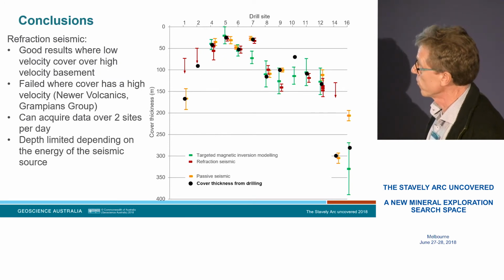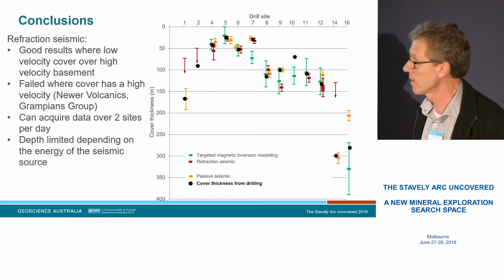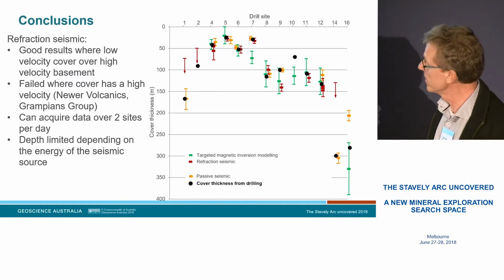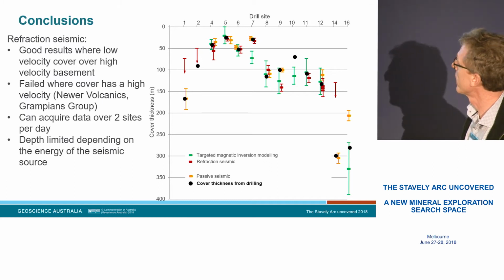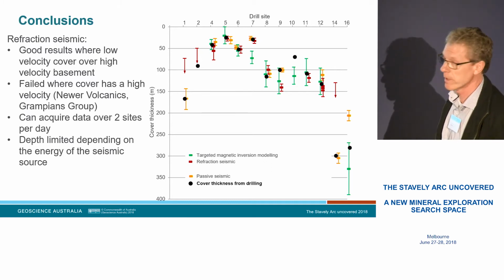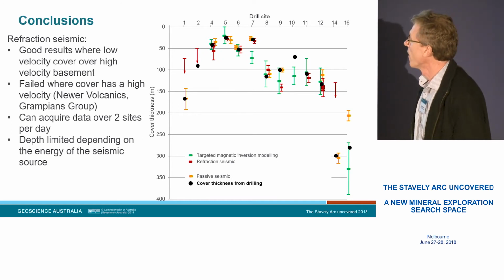The refraction seismic also produced good results. We were surprised that the seismic source, our sledgehammer, could image 150 metres or so into your cover. But now that we have a stronger source as well, we can image deeper. Which we've been doing.